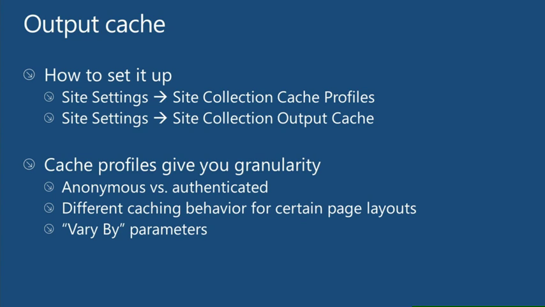So we can have a different output cache for our anonymous users than for our authenticated users. In most cases, the authenticated user is going to be the content author or an administrator, so we're probably not going to have caching turned on for them, because the content author wants to see the right-now, up-to-date version of the pages.